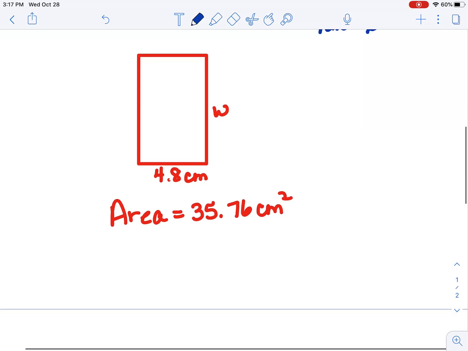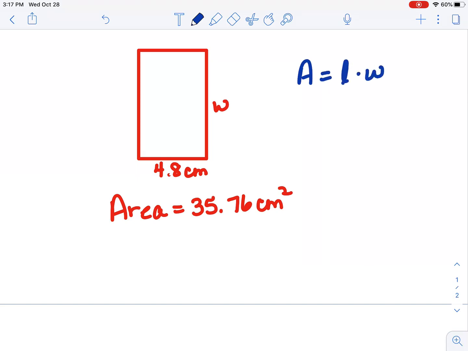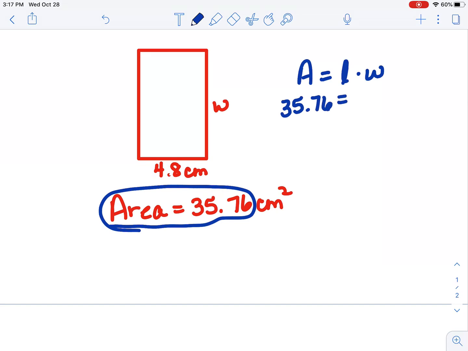Right, so this time we're not going to know our width, but we still use the same area equals length times width. I know my area is 35.76 centimeters squared, so I only need the numbers right here though. 35.76. I know my length is 4.8.